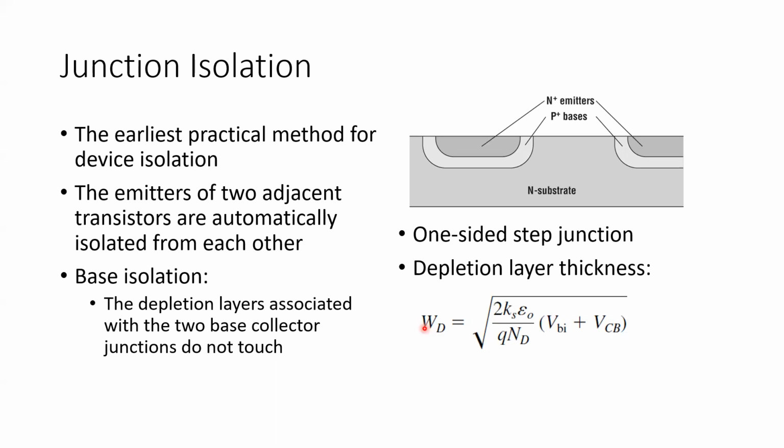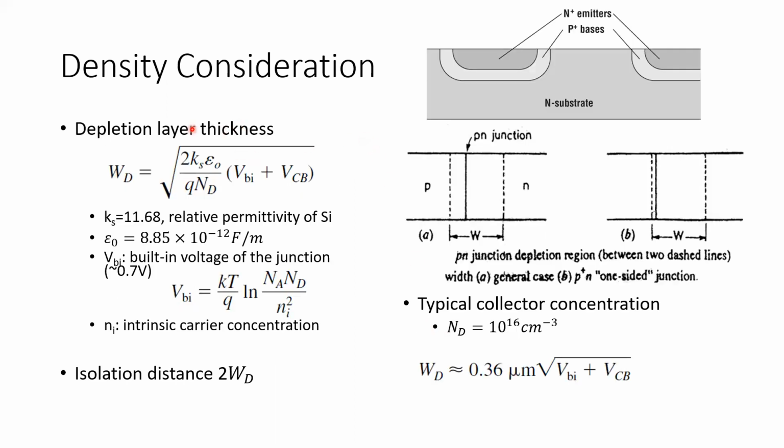For the depletion region, there is such an equation. It is a function of the doping, the built-in potential, and the collector base voltage, and this gives the depletion layer thickness. As shown here, we have the PN junction between the collector and the base, and here there is another PN junction. These two PN junctions should be reverse biased.